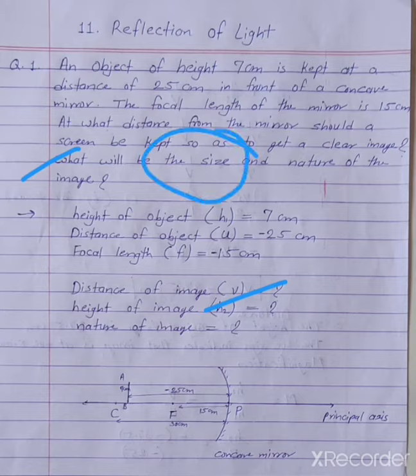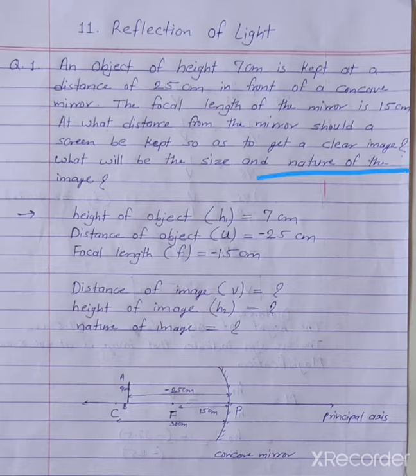Size means height. This height of image is denoted by h2. And the last point is the nature of the image. It means is it real or imaginary?